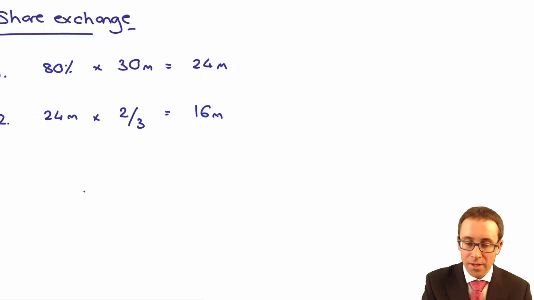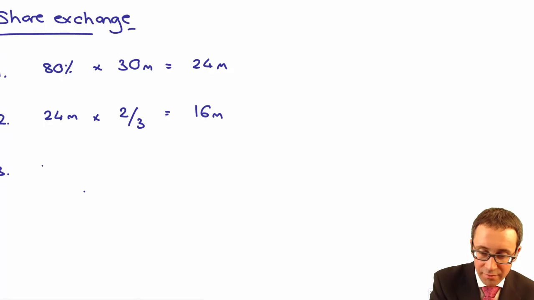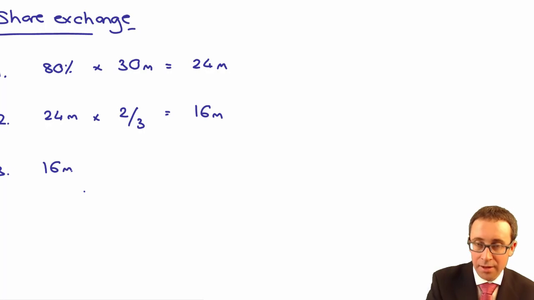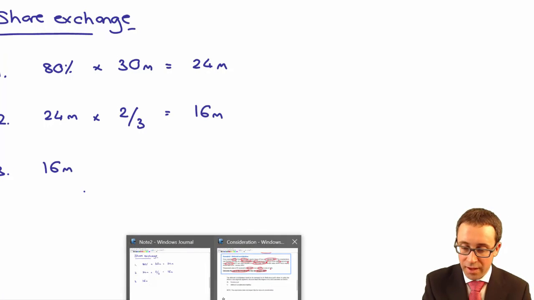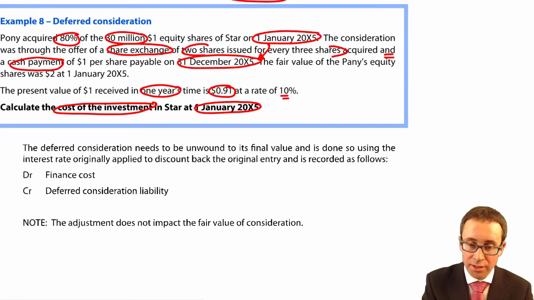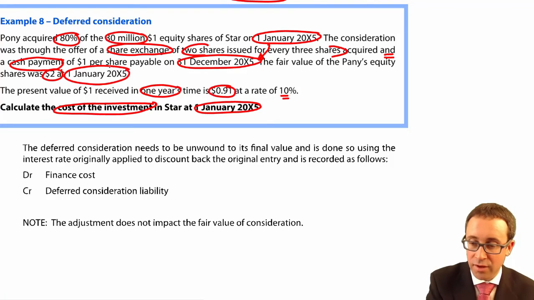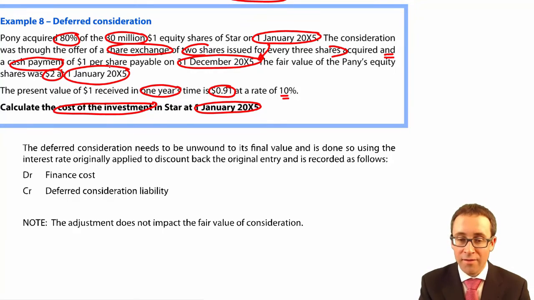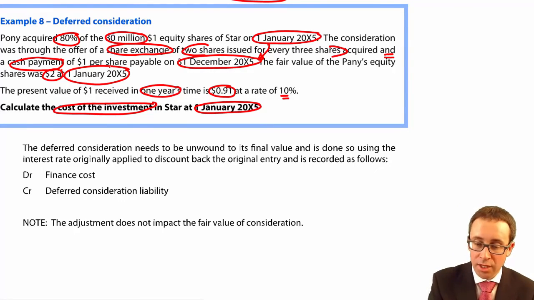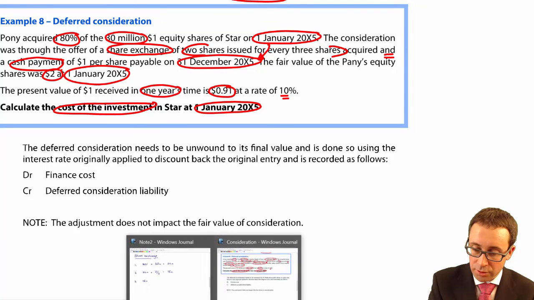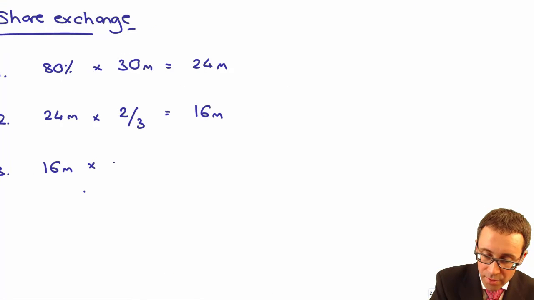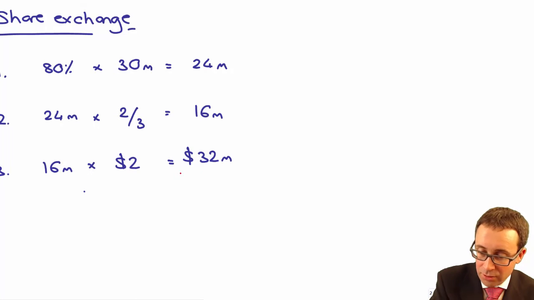Step 3 is to value those 16 million based upon the fair value of P's shares. And at the acquisition date, January X5, the fair value of Pony's equity shares was $2. So you take your 16 million multiplied by $2, which gives me $32 million.